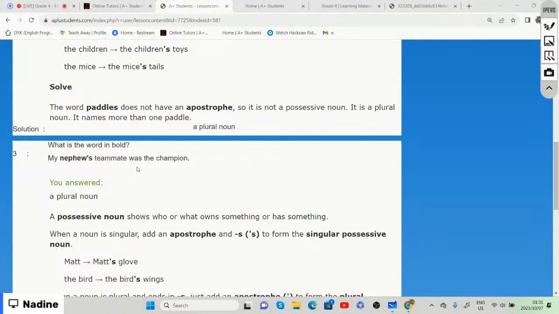Nephew's teammate, referring to one teammate, was the champion. My nephew's teammate was the champion. So is that a plural noun, singular possessive noun, or a plural possessive noun?